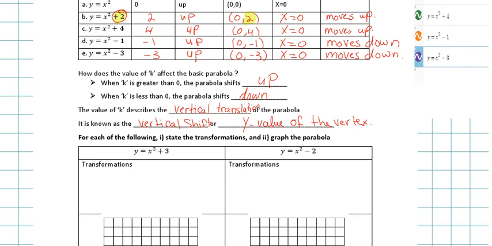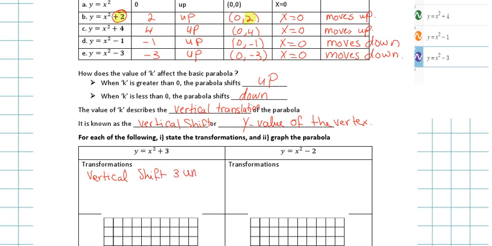So we need the transformation. For this one, it's going to be vertical shift 3 units up. This is exactly how you should write it.